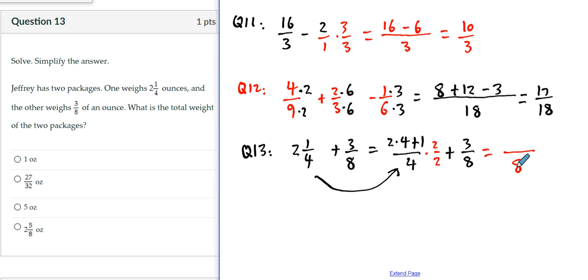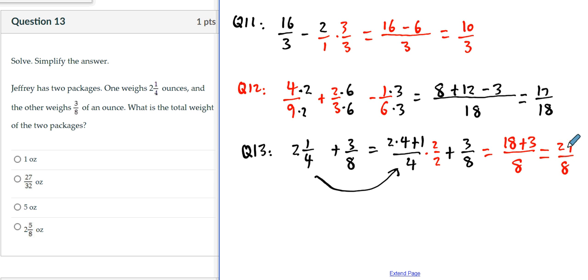And 2 times 4 is 8, plus 1, then is 9. 9 times 2, you have 18 upstairs. Downstairs, you have 3. So then you will have 21/8. Okay.